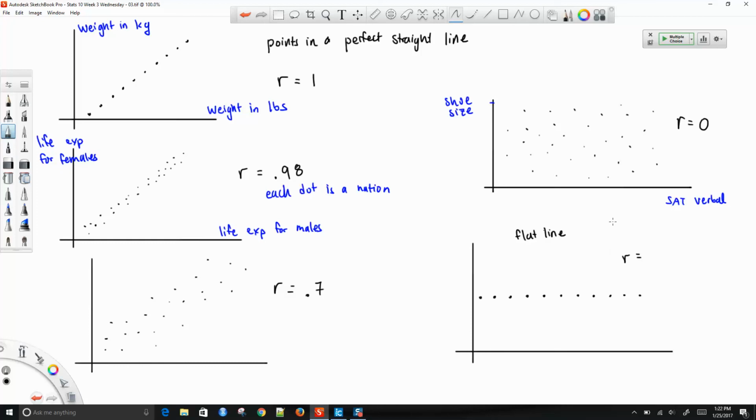What would you say R is? Should we make a question out of this? R is 0. This is a flat line. It's neither positive nor negative. R here is 0.